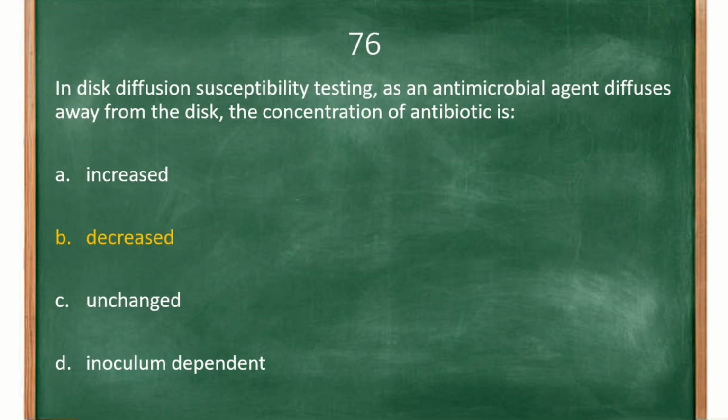It's a simple diffusion question where there is movement from a high concentration level to a lower concentration level. So that is a straightforward diffusion concept question. So as the antimicrobial agent diffuses away from the disc, the concentration will decrease. Okay, so that will be the answer.